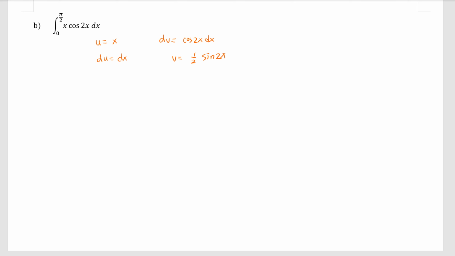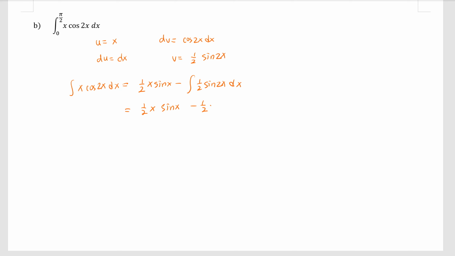Okay, and what's next? So we have the indefinite integral, that's uv minus integral of v du, which is just dx. So we get, copy it down.